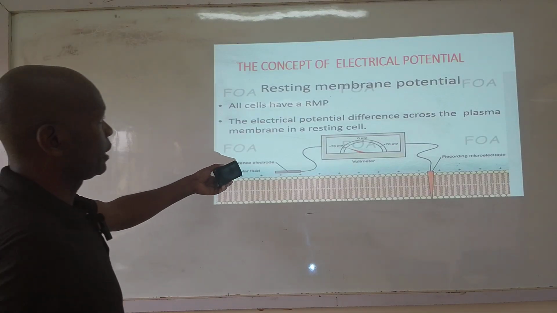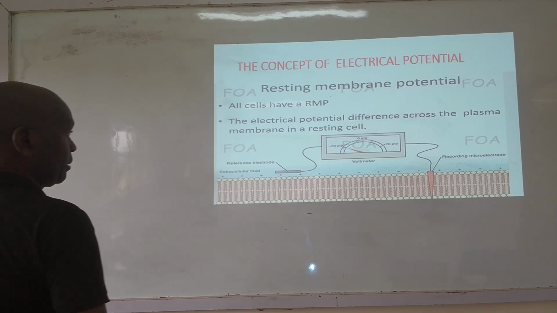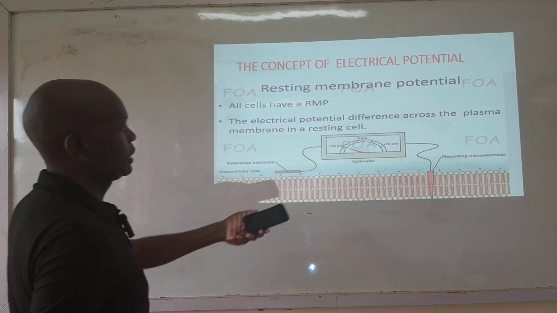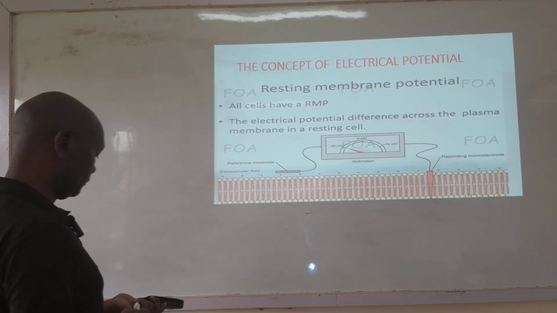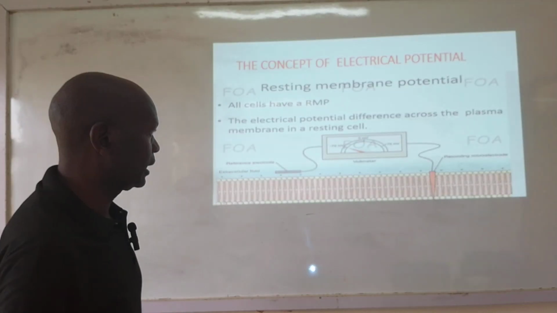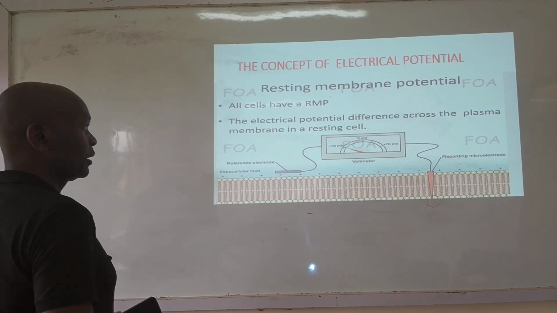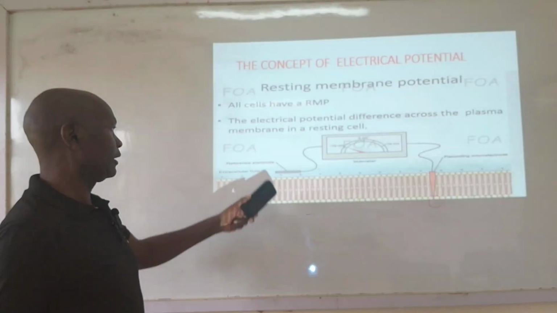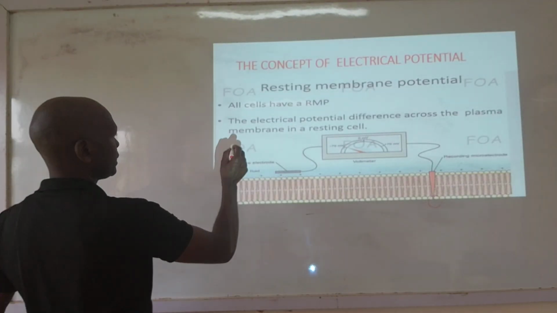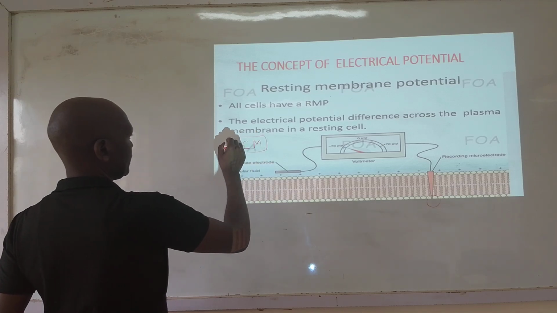This is what we have been talking about, electrical potential, resting membrane potential. So this is our voltmeter. When you connect this voltmeter, if I take one electrode here and another one here, we are saying this is the extracellular matrix outside the cell.